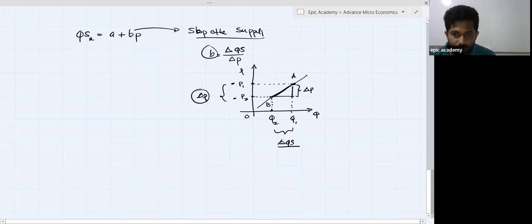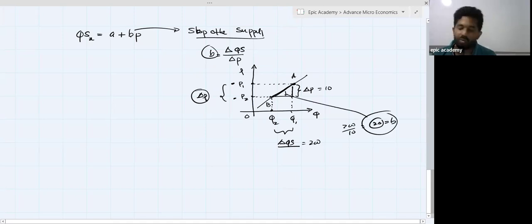Just consider this is equal to 200 and this is equal to 10. That means 200 divided by 10 is 20, so B equals 20. The slope of the curve is 20.